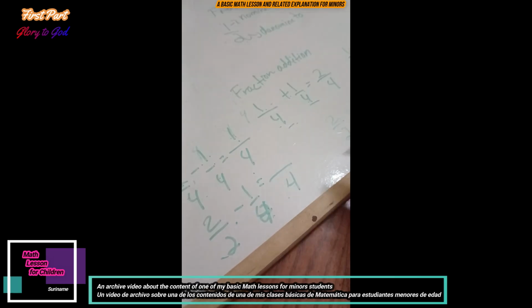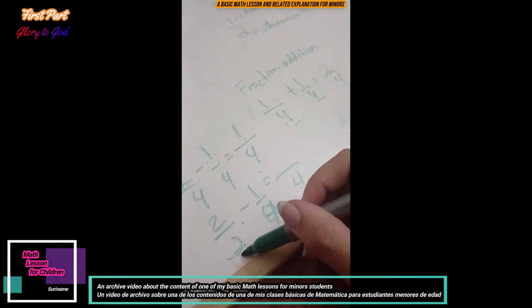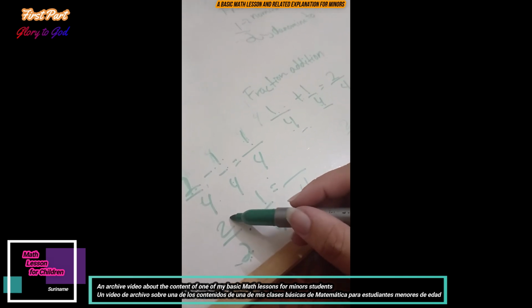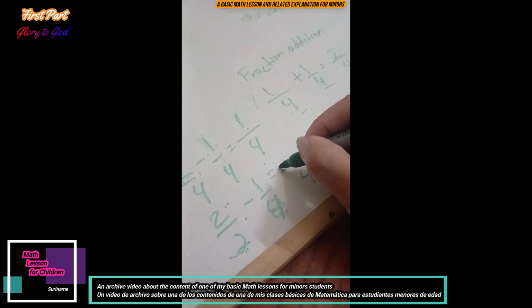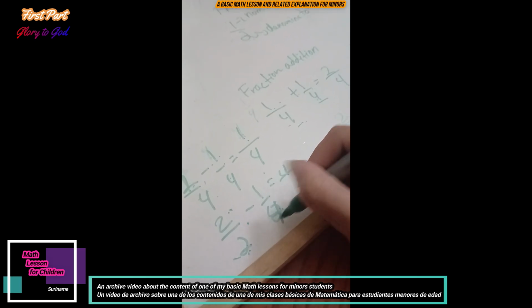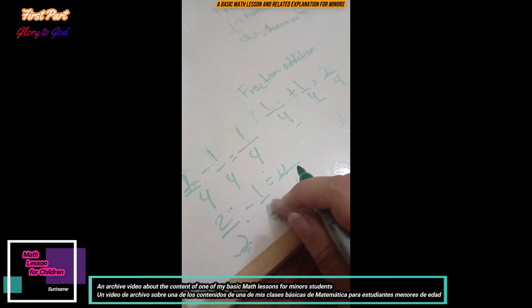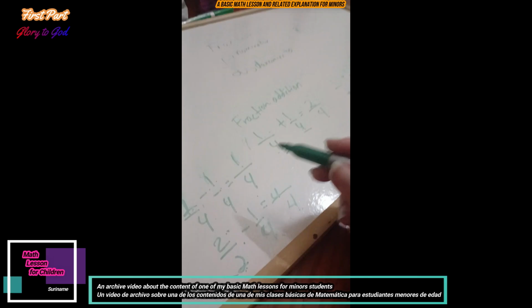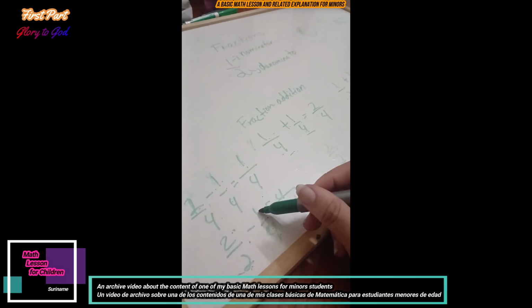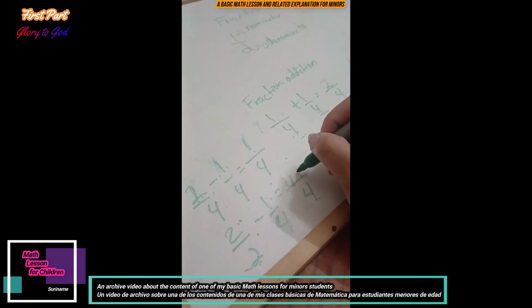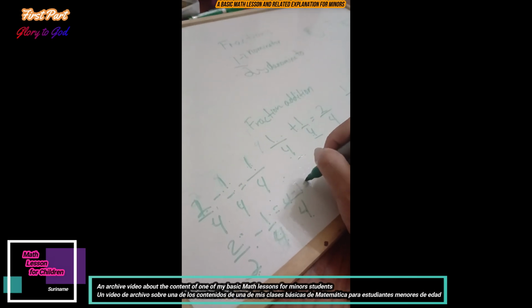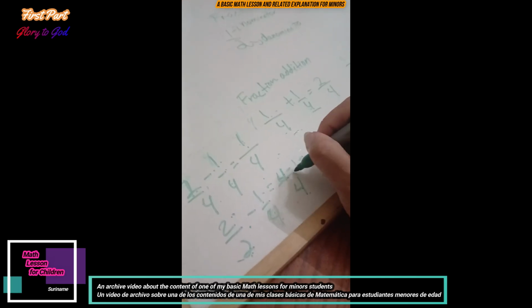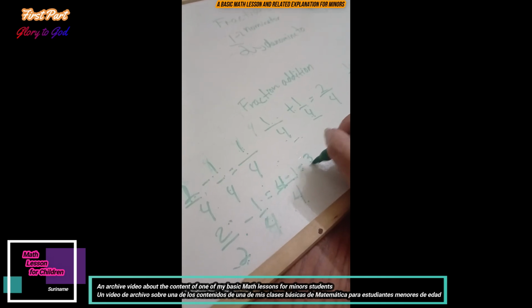So you do the same. 4 divided by 2 equals 2. 2 multiplied by 2 is 4. 4 divided by 4, 1. 1 multiplied by 1 equals 1. 4 minus 1 is 3/4, your final answer.